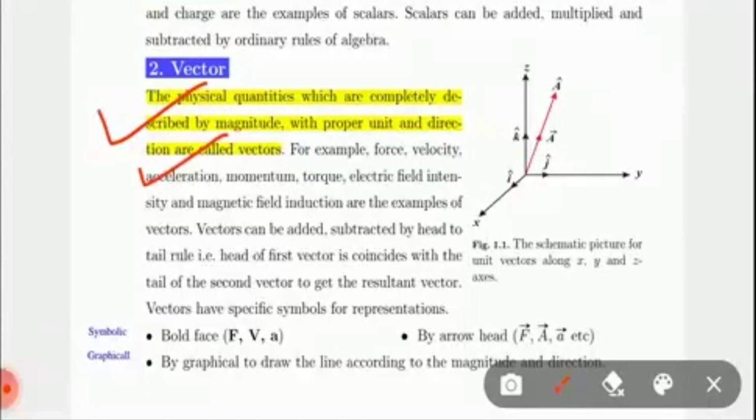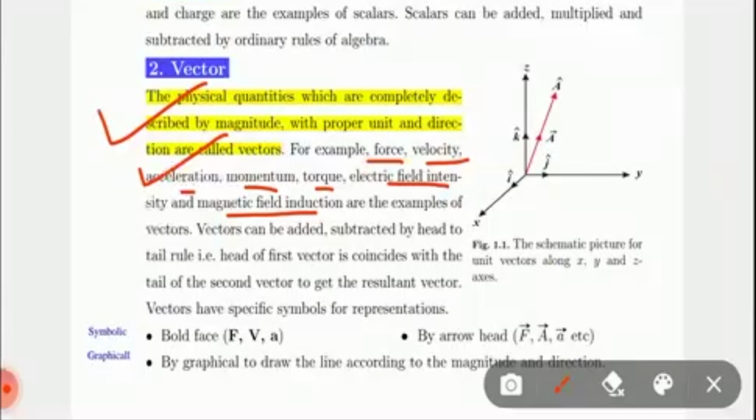We need to attach the direction in order to completely understand the physical quantity. For example, force, velocity, acceleration, momentum, torque, electric field intensity, and magnetic field induction. These are examples of vector quantities.